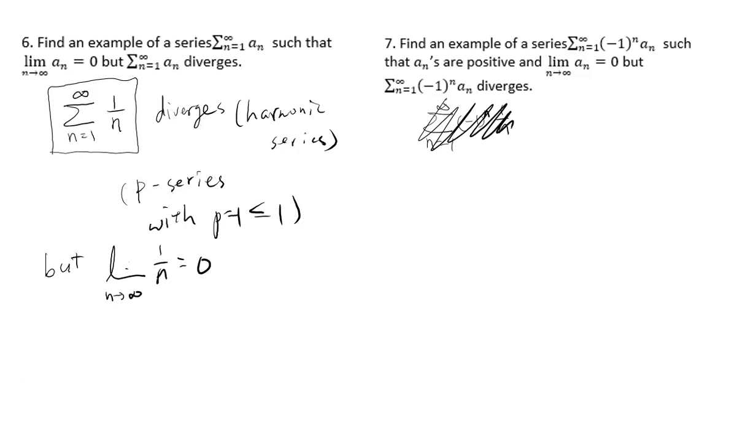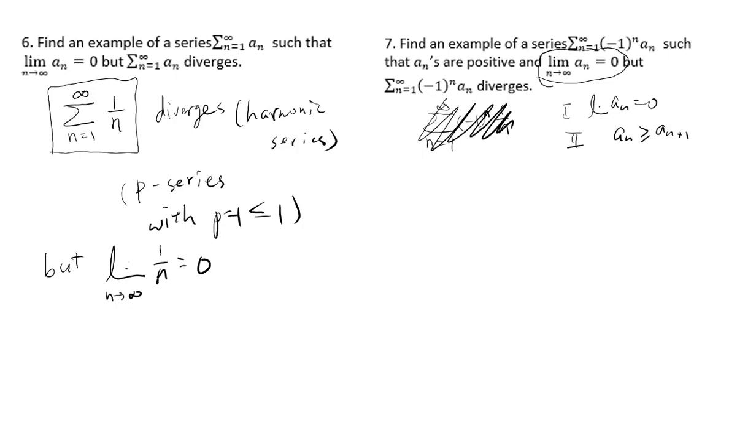Now, if you read this condition carefully, you see that already one of the alternating series test conditions is there. One of the conditions says the limit of a_n has to be 0, and number 2, a_n should be bigger than a_(n+1).